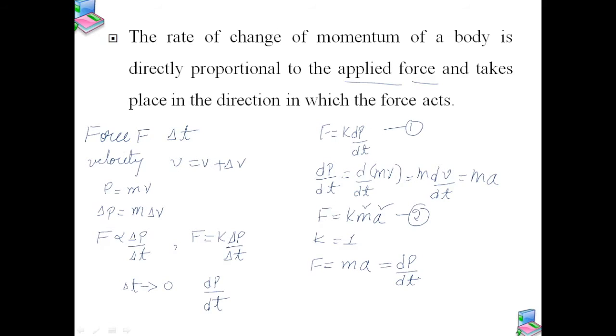In SI, the unit of force is one that causes an acceleration of 1 meter per second squared to a mass of 1 kg. That unit is known as 1 Newton. So 1 Newton is 1 kg meter per second squared, which means the force that causes an acceleration of 1 meter per second squared to a mass of 1 kg.